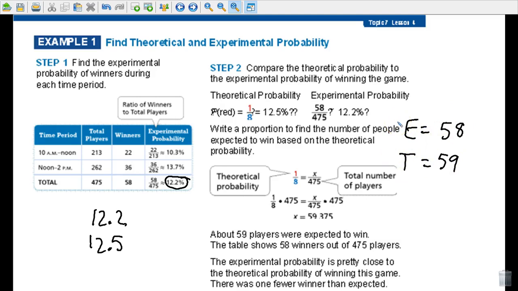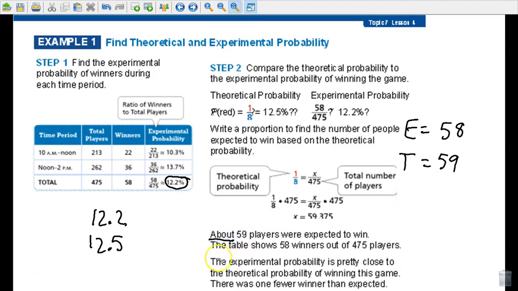Theoretical is before we actually do anything. This is what we think it's going to be, with the probability of how things should work out. I showed you this on the last slide. They say about 59 players were expected to win. We say about because it's still rounded.